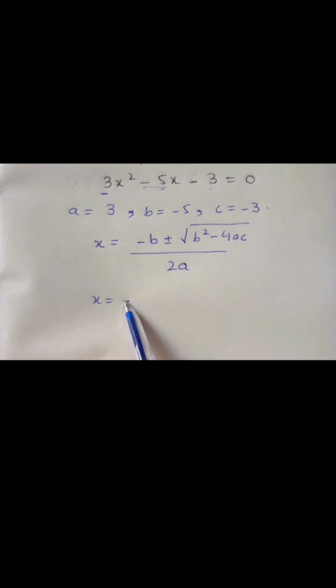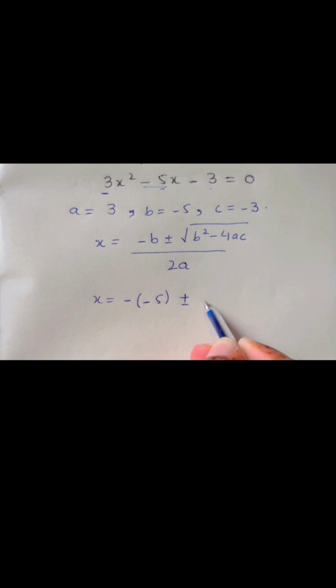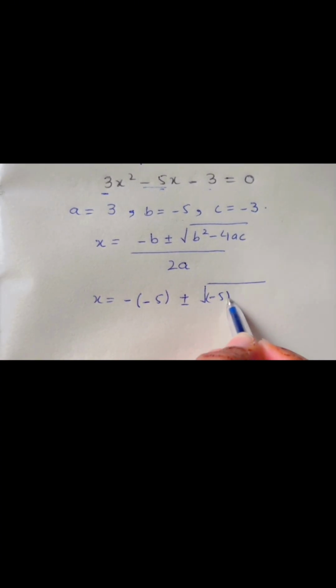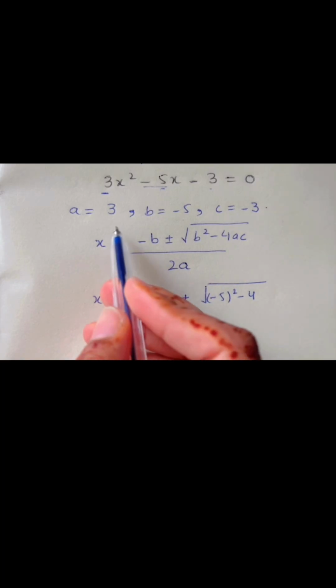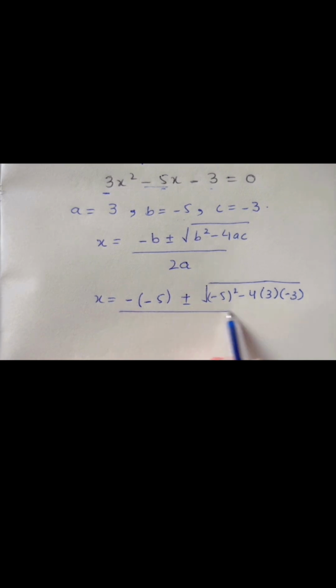Now putting all the values, x is equal to minus into minus 5, then plus minus square root, b is equal to minus 5, so minus 5 square minus 4, and a is equal to 3 and c is equal to minus 3. Then divided by 2 into a is equal to 3 again.